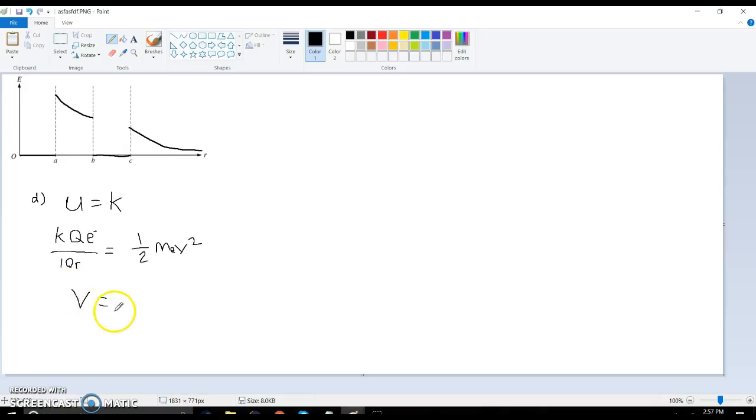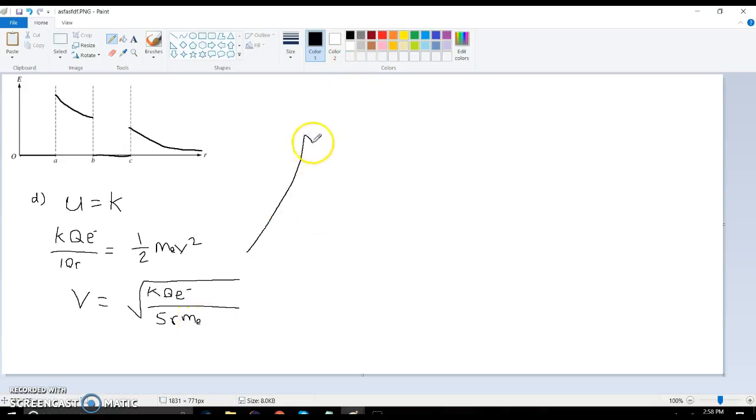v is the square root of kQe over, multiplied by 2, so that leaves 5r, over 5r and the mass of the electron.